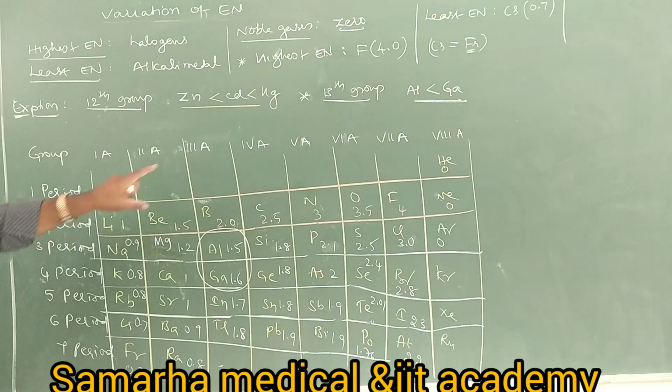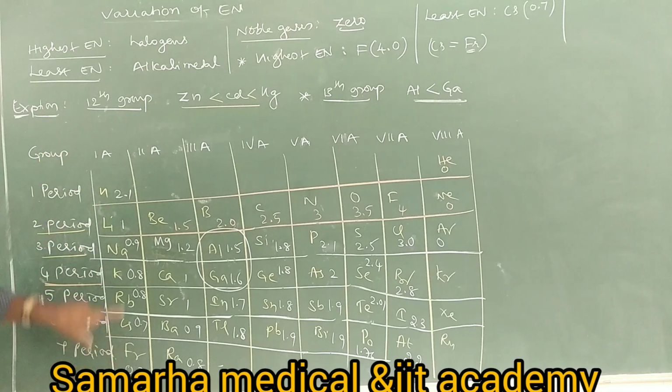Hydrogen is 2.1, helium is 0. The second and third periods are important; the majority of questions come based on them. The fourth and fifth periods do not have many questions. If you can remember first, second, third, fourth, it is well and good.